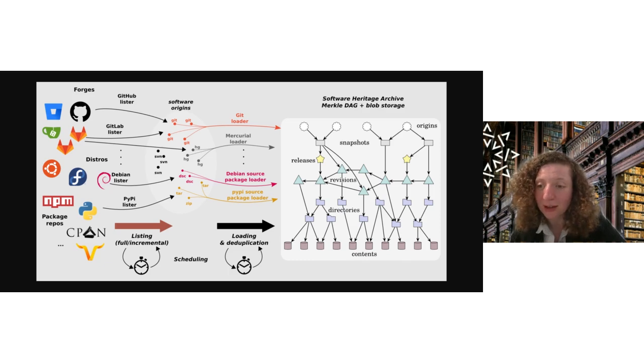So an origin can have a snapshot, and then a release, a revision, a directory, which has a subdirectory, which has two contents.